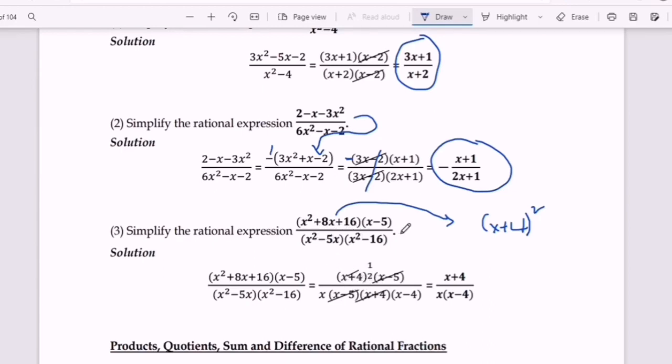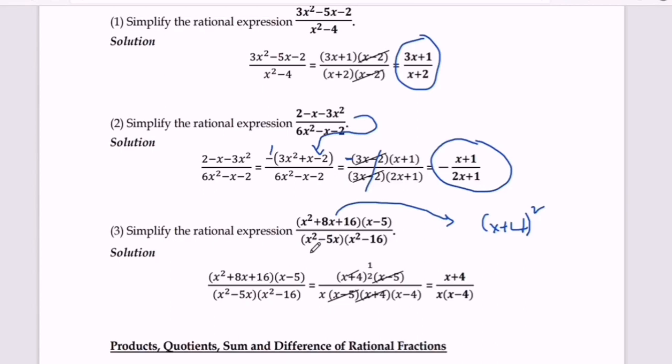For our denominator, x squared minus 5x is just a simple factoring. We need to move the x to the outside, and the remaining would be x minus 5. For our x squared minus 16, the factor is x plus 4 times x minus 4. Again, this is the factor, and x minus 5, just copy.